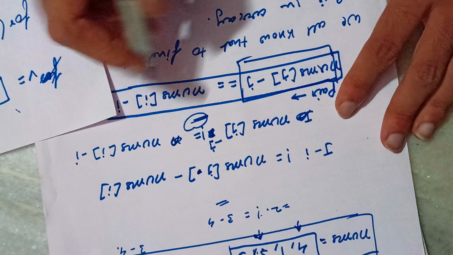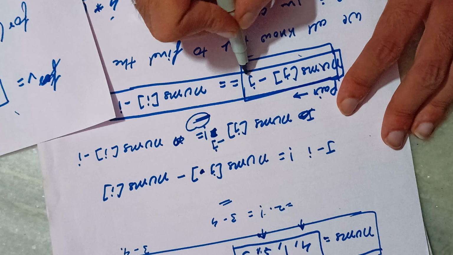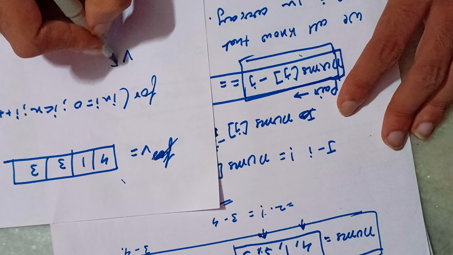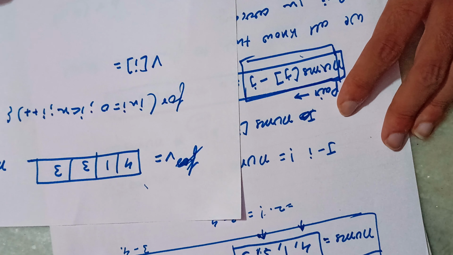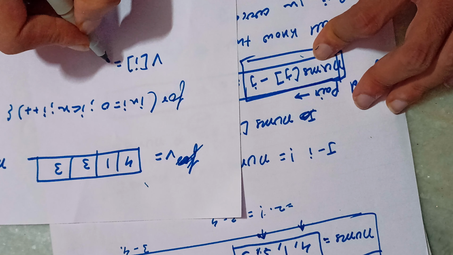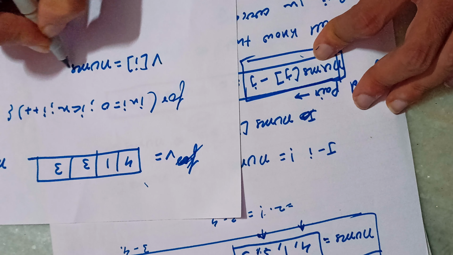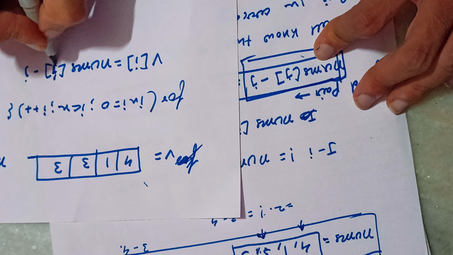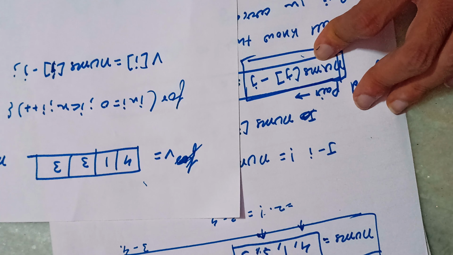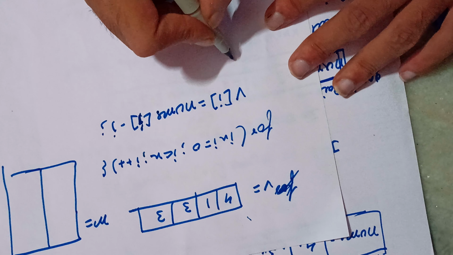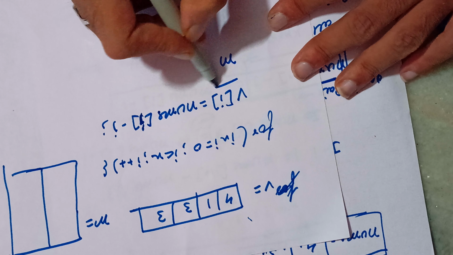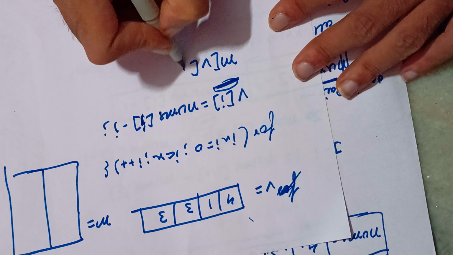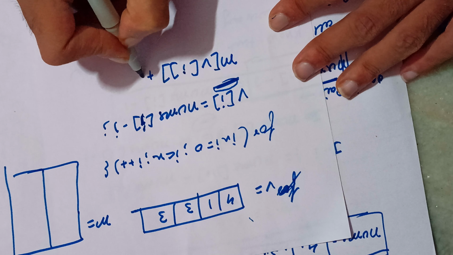According to this, nums[j] minus j, so we will change the value: m[nums[i] minus i] is incremented, like m[vi] plus plus.